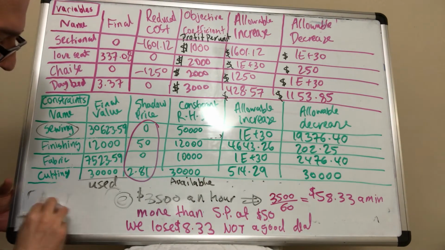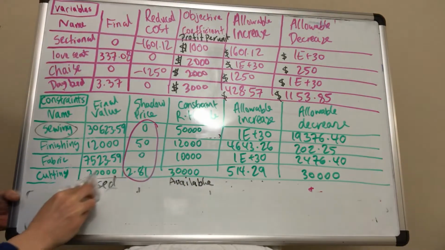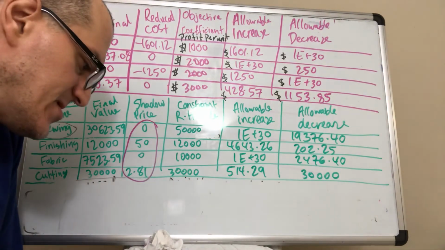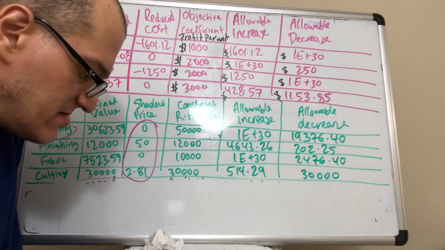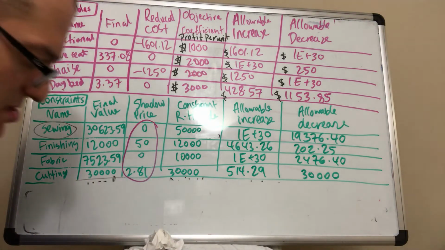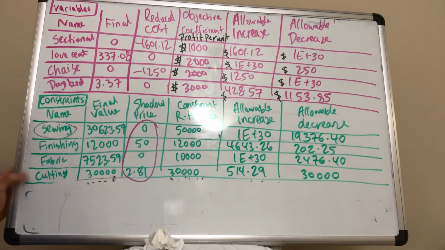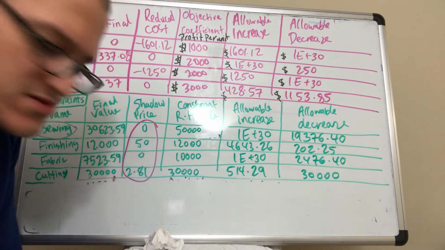Okay, we look at F. Additional cutting time is available at $100 an hour.